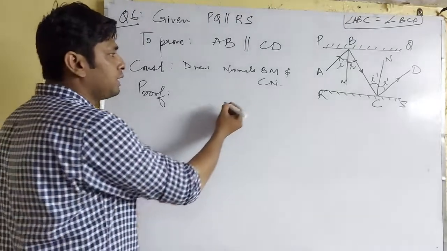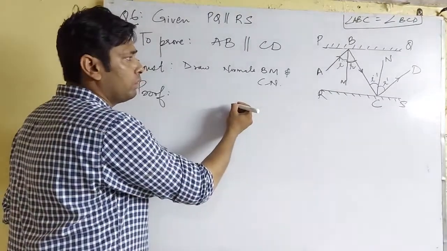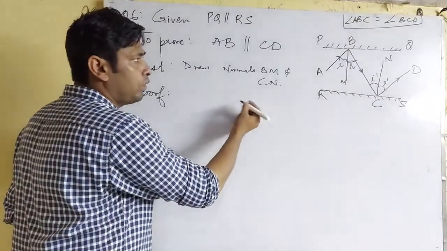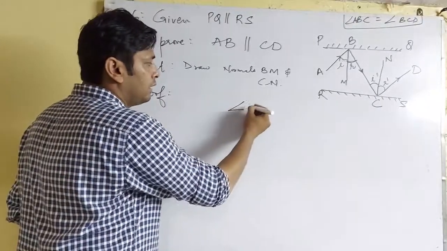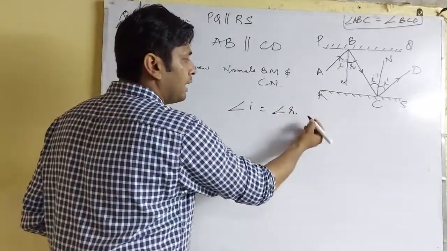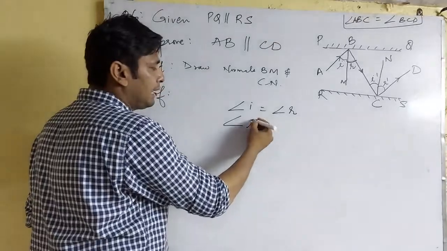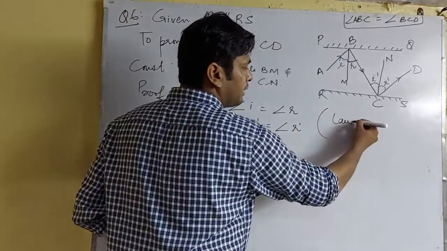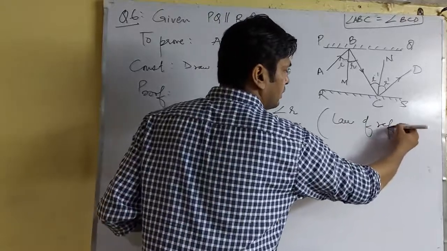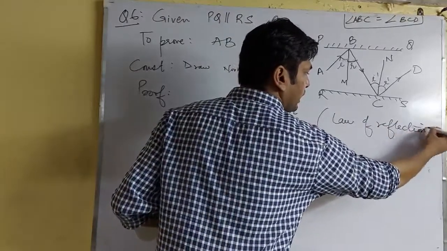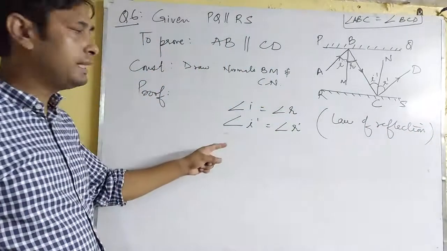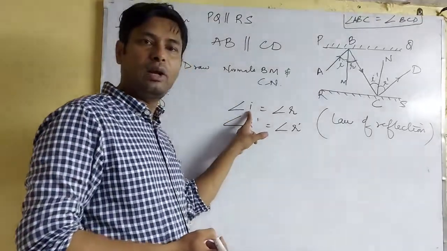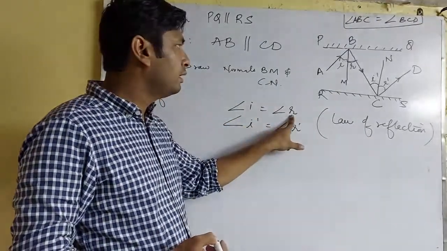How will you do it? We'll write the law of reflection: angle I is equal to angle R, and similarly angle I dash is equal to angle R dash. In the bracket you will write law of reflection. This is the law of reflection, that angle of incidence is equal to angle of reflection.